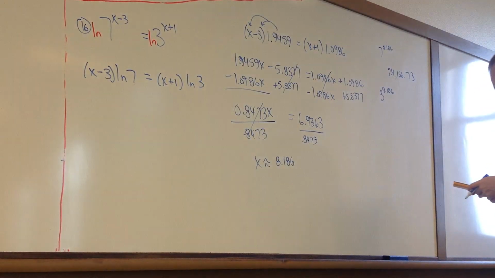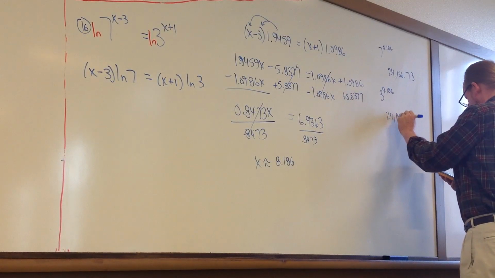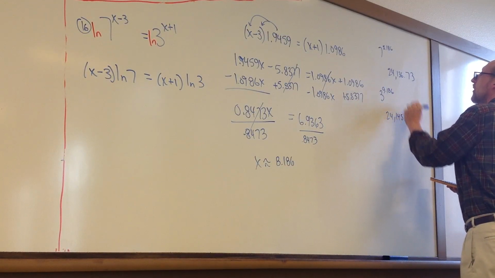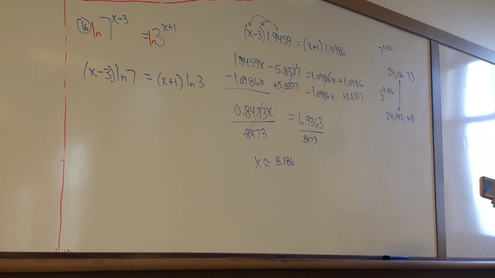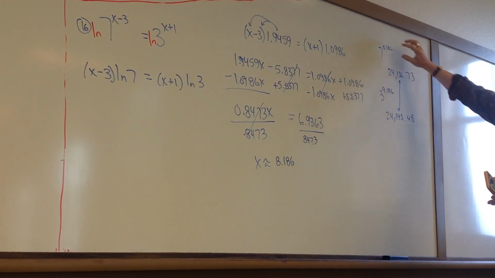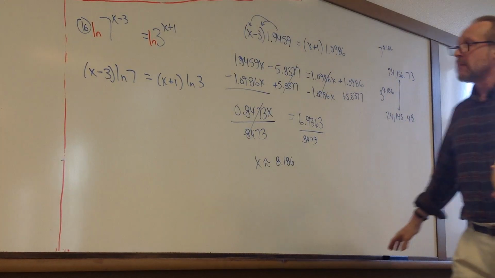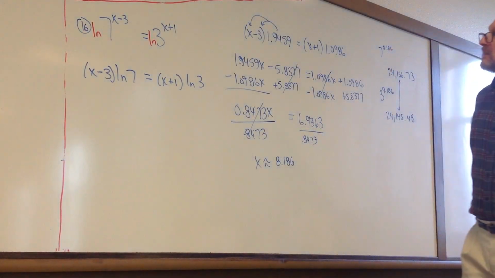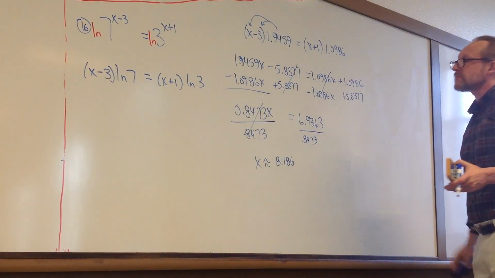So 3 to the 9.186, 24,145. So we're off in the tens place here. We're off by about 9 here. And again, if we want these to be closer, we're going to need more digits on the end there. Okay, but they're close enough to give us confidence that this is a good approximate value for the answer.